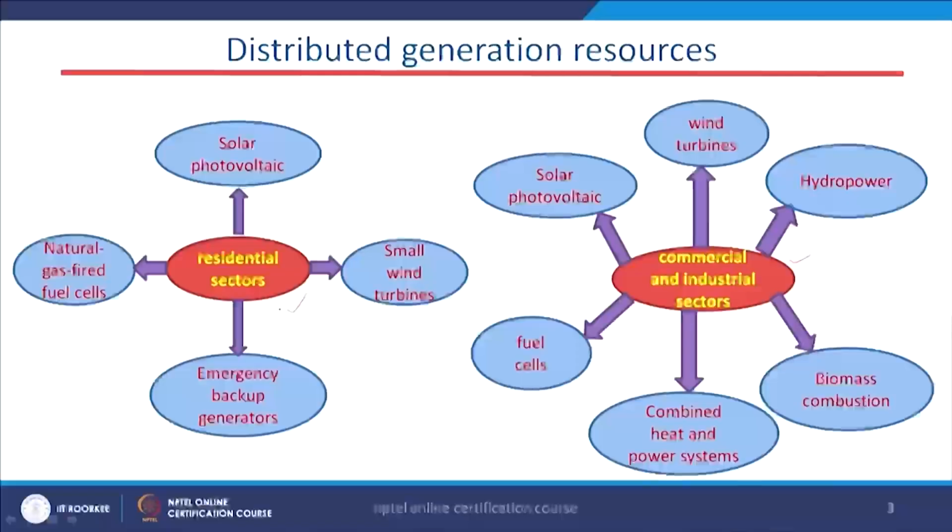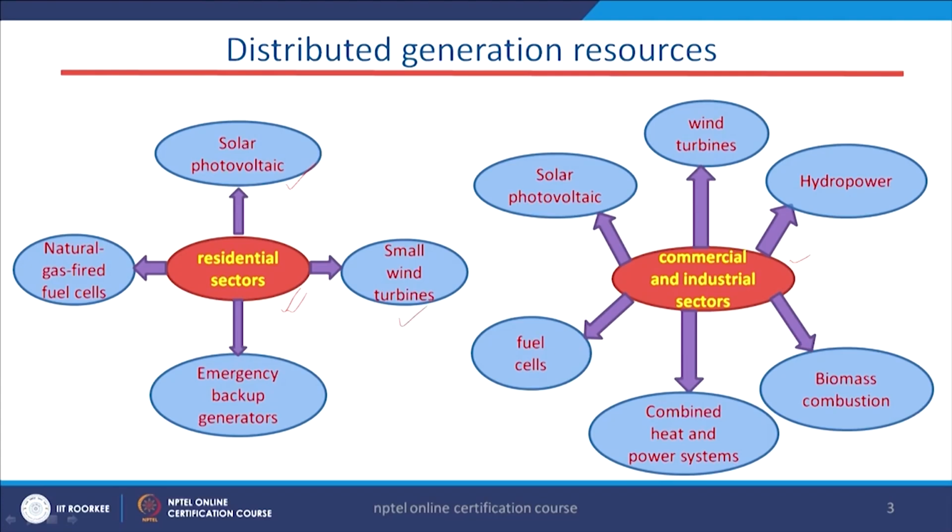In the residential sectors, we have solar photovoltaic. Now, we have rooftop solar systems. On the top of the roof of different homes inside the residential campus, we can put solar panels and harness the power from there.